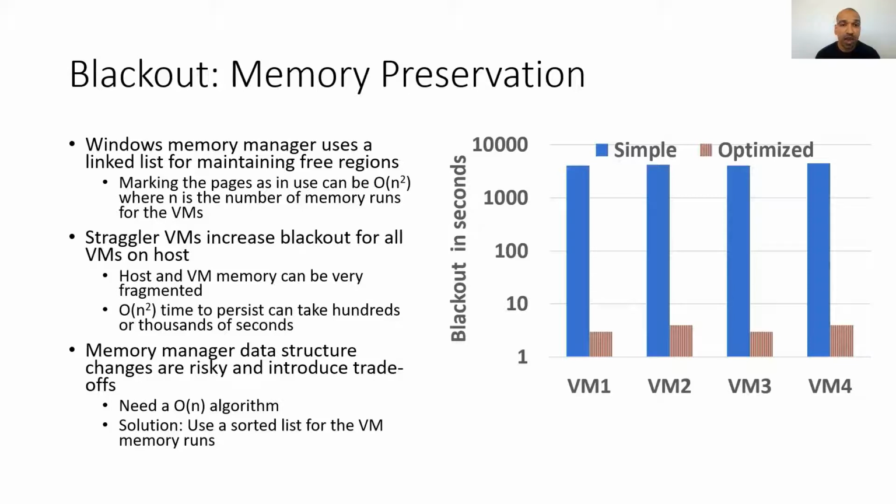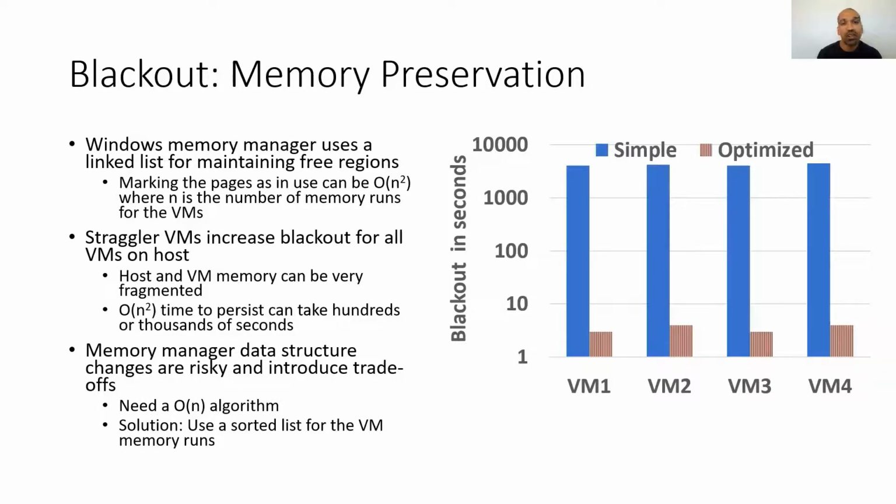On systems with low fragmentation, n is small, but on highly fragmented systems, n can be in the order of hundreds of thousands. Similar to the issues in closing devices, straggler VMs increase blackout for all the VMs on the host. Also, since the hosts do not reboot and VMs are created and deleted on a continuous basis, the host and VM memory can be very fragmented. So the n-square algorithm can take hundreds of seconds.